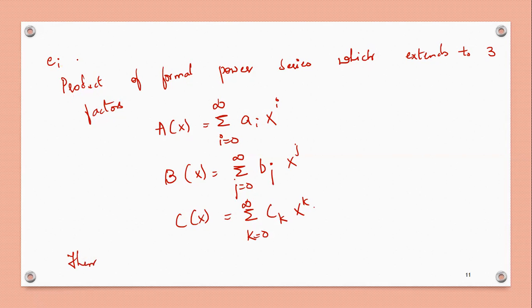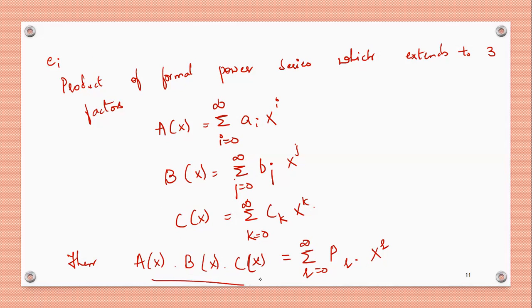Then what will be our x power r coefficient? Let's see that we have to multiply a of x into b of x into c of x. It will give us some value, the sum from r equal to 0 to infinity of pr into x power r. Okay, so when we multiply our series, it will be e1 plus e2 plus e3.